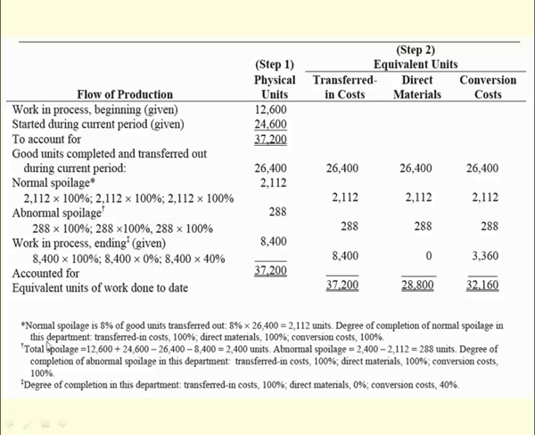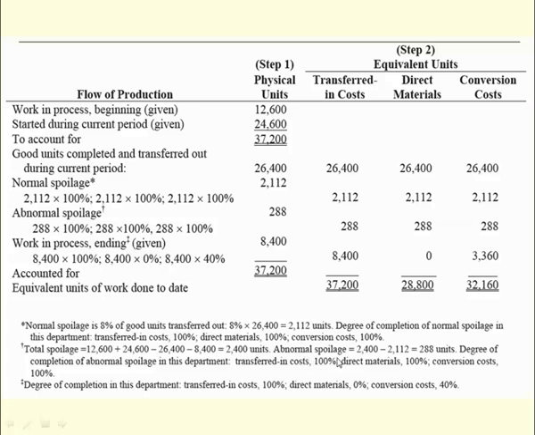Abnormal spoilage, as calculated before, we calculate it as 12,600 units, which was work in process beginning, plus 24,600 units started, minus 26,400 units completed, minus 8,400 work in process ending, which equals 2,400 units.